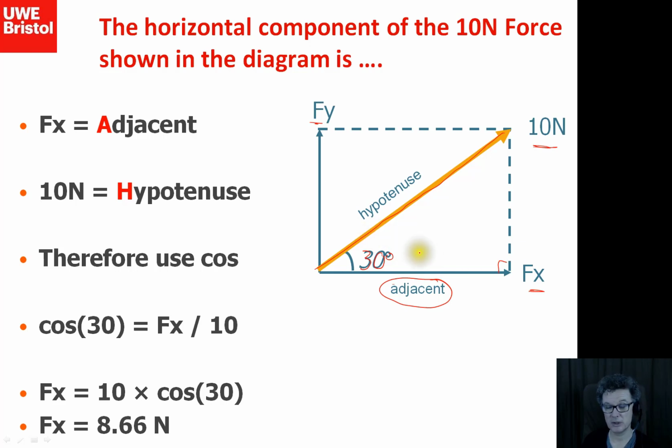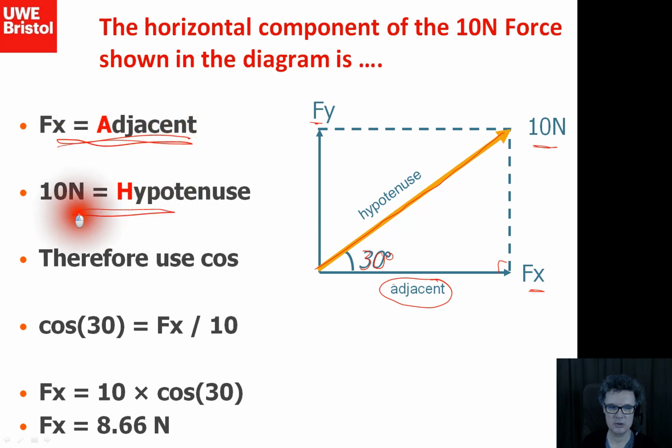And so that gives me cos 30 equals the adjacent length divided by the hypotenuse length. So we are looking for the equivalent of the adjacent in the horizontal direction.